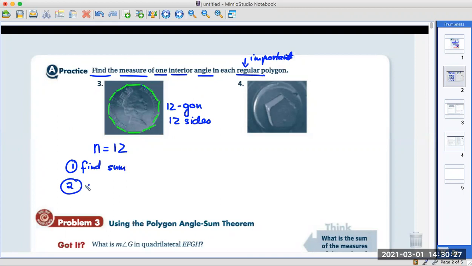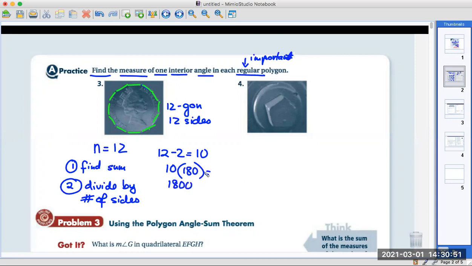Second, divide by the number of sides. 12 minus 2 is 10. 10 times 180 is 1800.